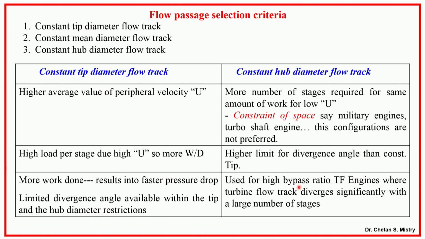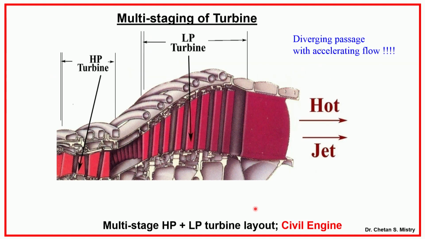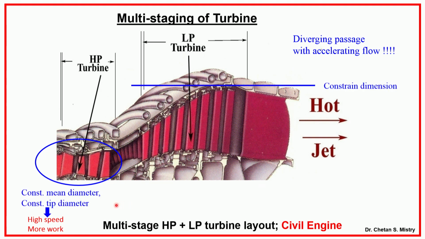Now, if I talk about a high bypass ratio engine, what is happening? There the flow divergence is significant and you will have a larger number of stages. Let us try to understand. This is the section we were talking about. Here in this region my rotational speed is high, because I want more work to be extracted, and that is why people select a constant mean diameter or constant tip diameter design.